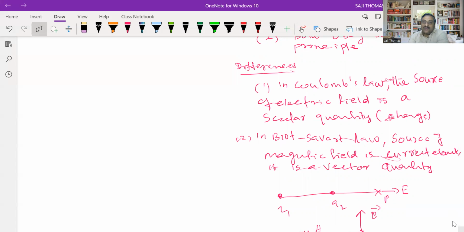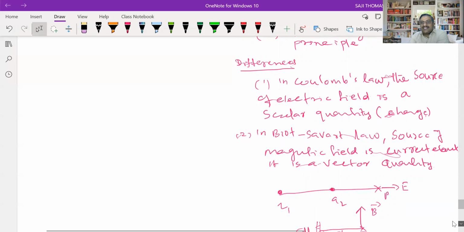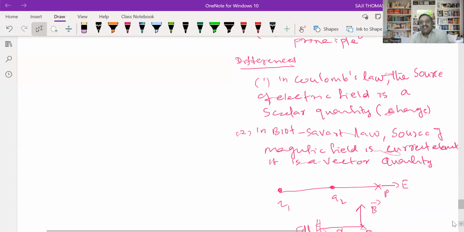But in the Biot-Savart law, the source of magnetic field is a current element, which is a vector quantity. Second difference is there is an angle dependence in the Biot-Savart law, which is not present in Coulomb's law.